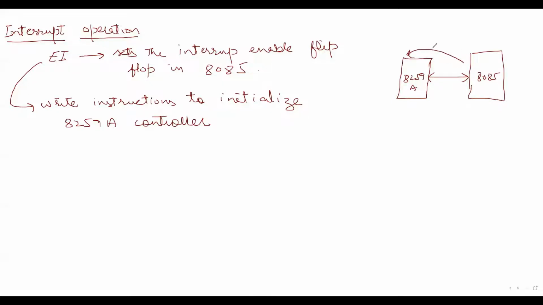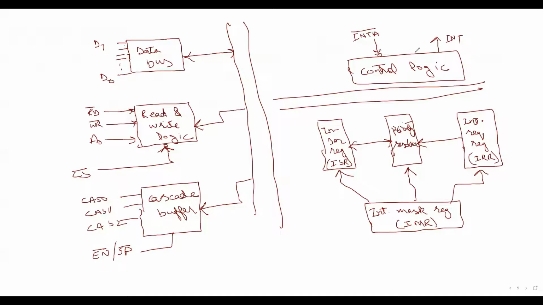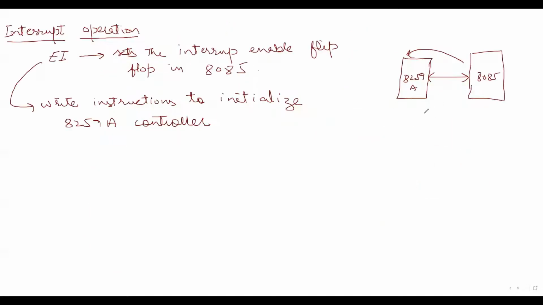So that means I have to write instructions for 8085 such that it can transfer something into this. What it transfers into this: basically in 8259A, you can see that we have this control logic. In control logic, we have the control registers. In those control registers, this microprocessor 8085 transfers some control words.